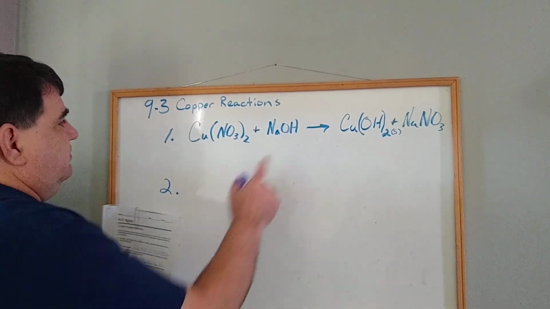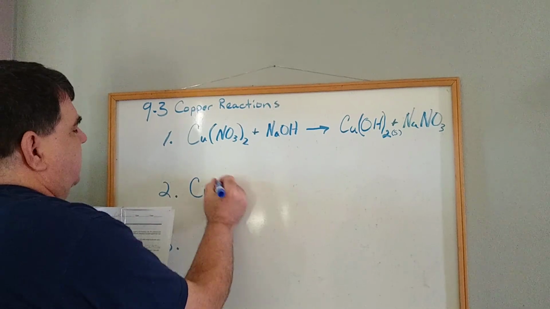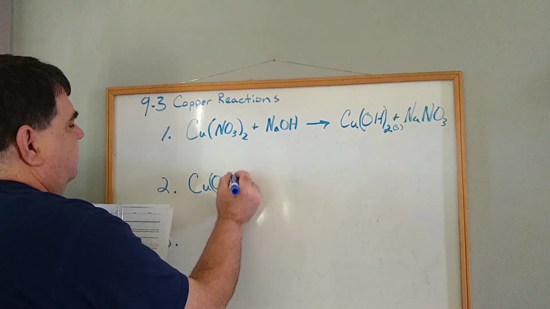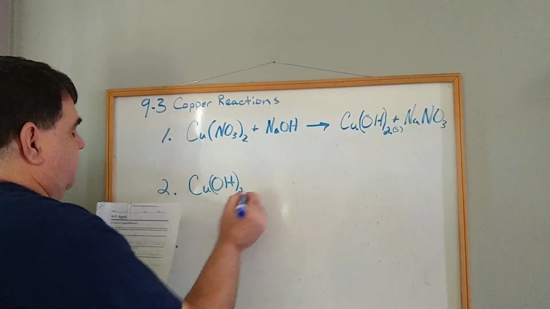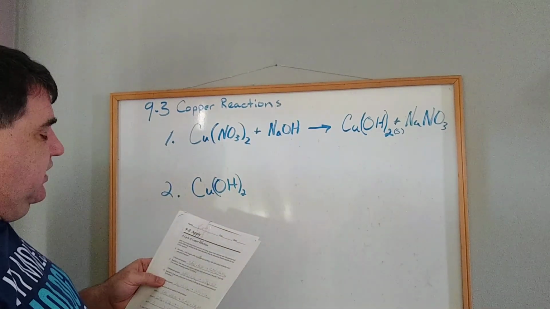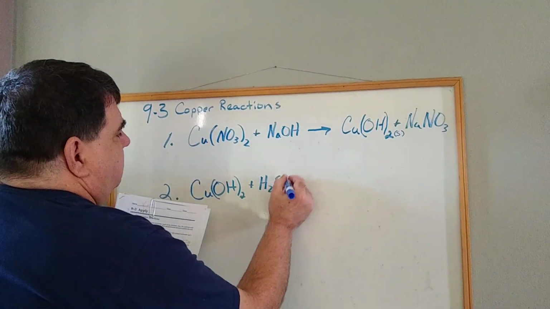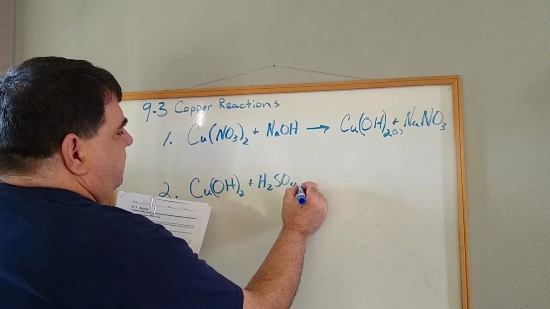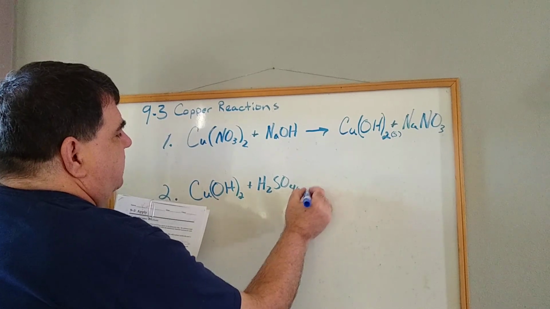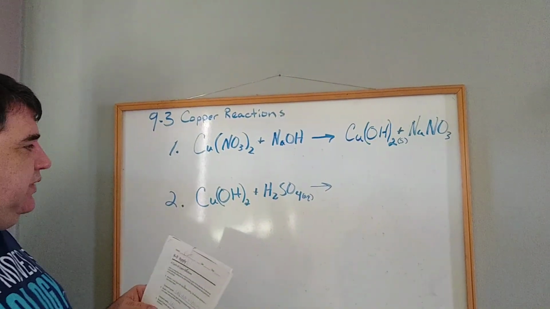On reaction 2, we take our solid, copper 2 hydroxide, and she reacts it with sulfuric acid. We know that's aqueous because all acids are aqueous. And again, we had to write the unbalanced equation.